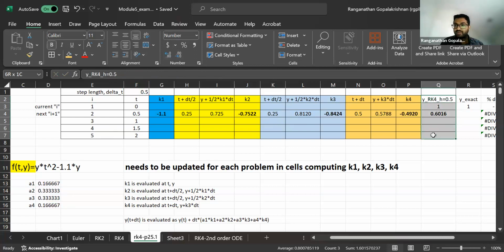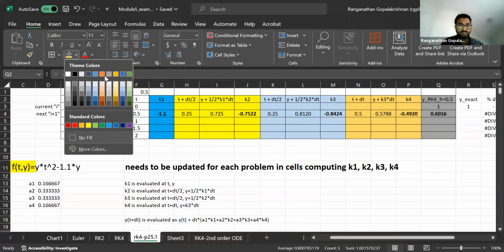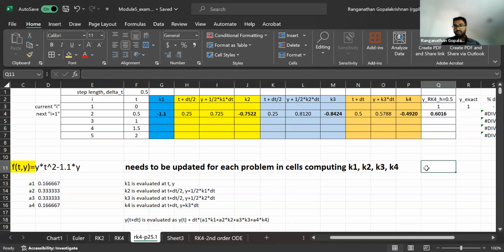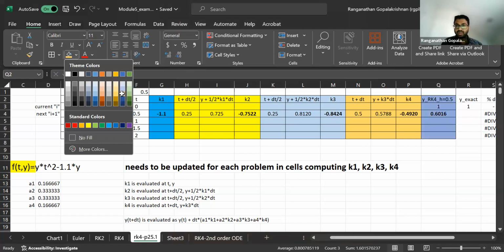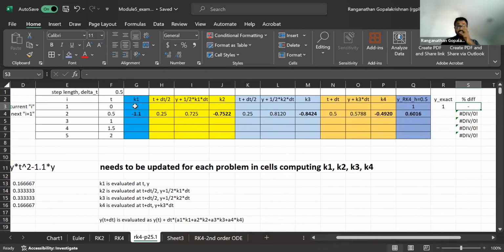So let's give this a different color. So type this in. Here's the formula.